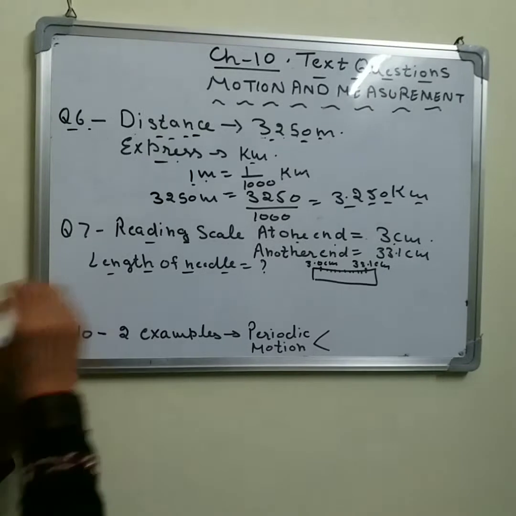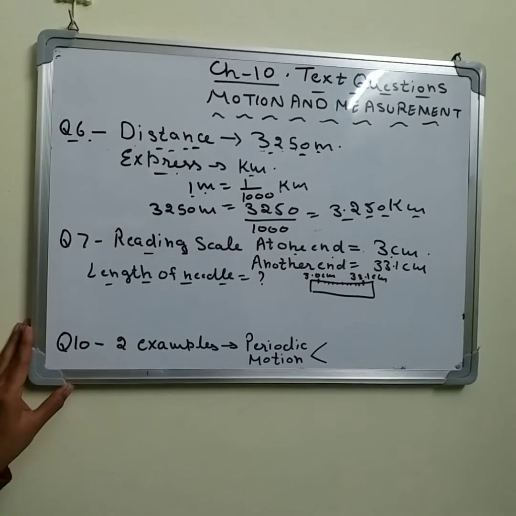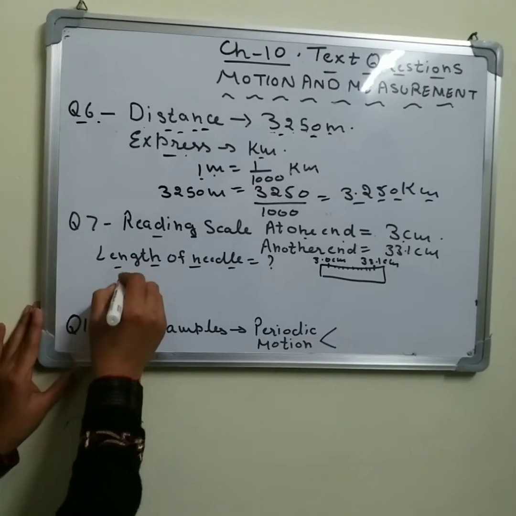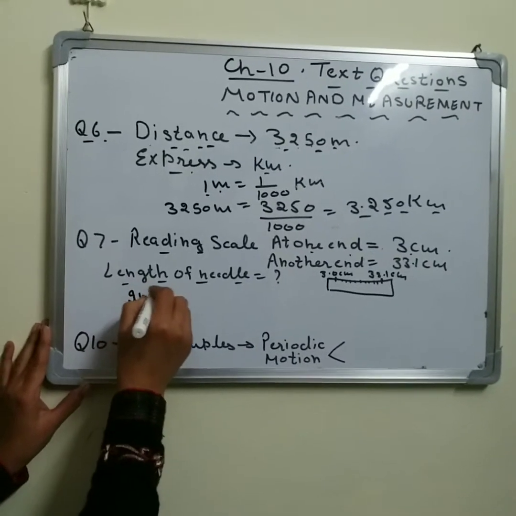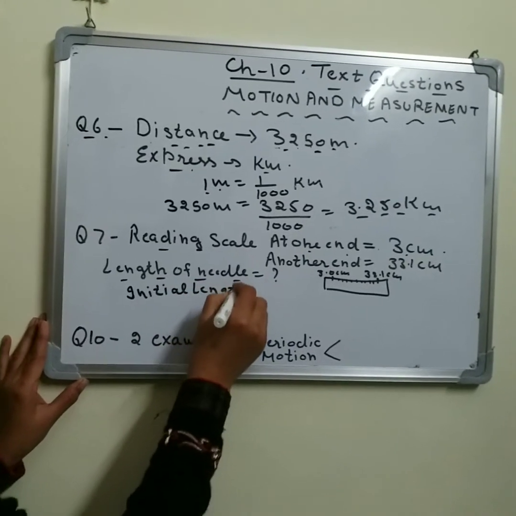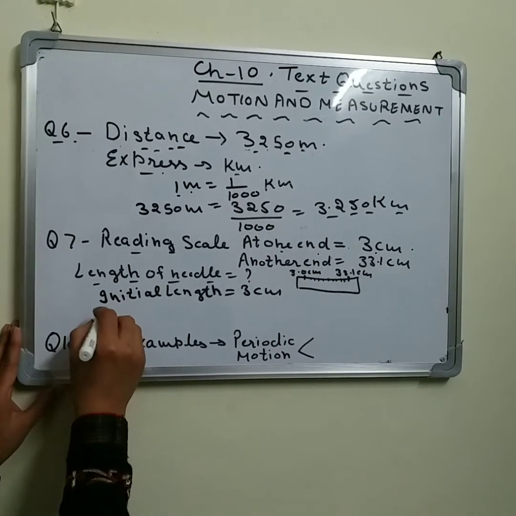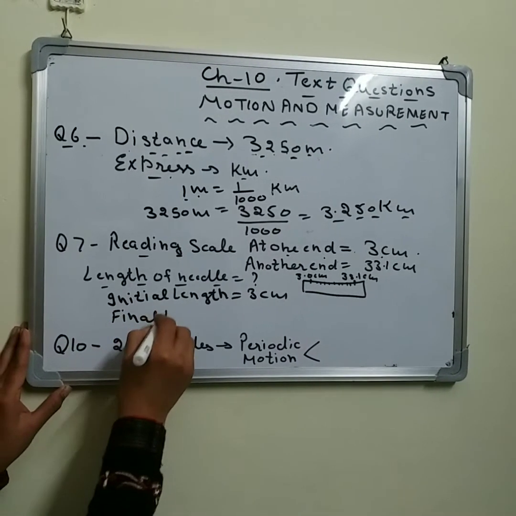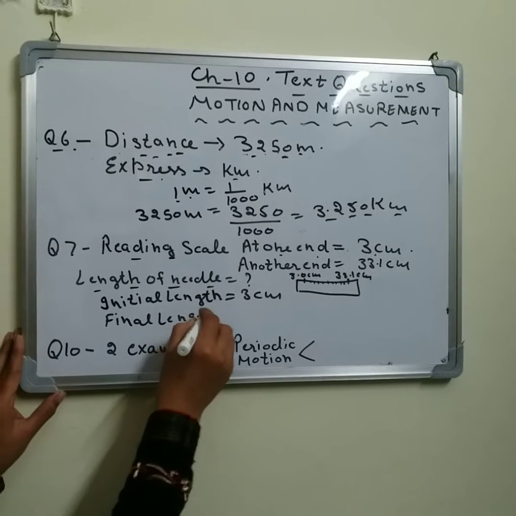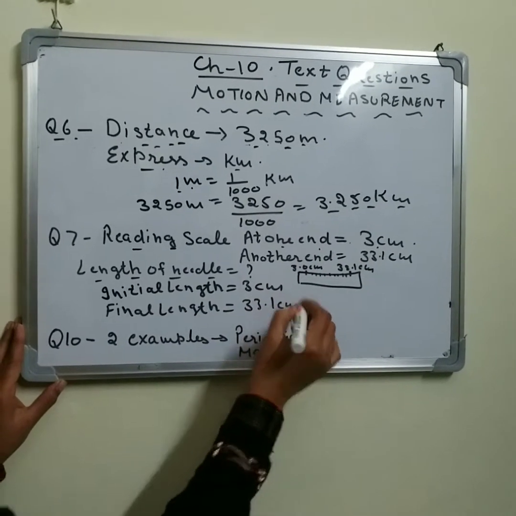First of all, if we have to find out the length of any object, what do we have to do? First of all, write down the initial length. So the initial length of the needle equals 3 centimeter, and the final length of the needle equals 33.1 centimeter.